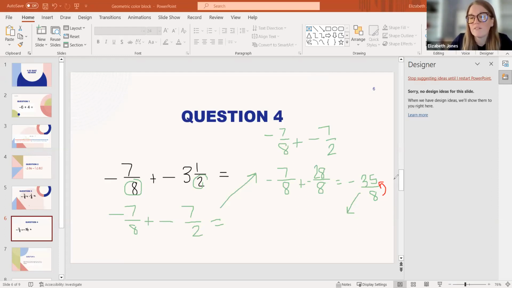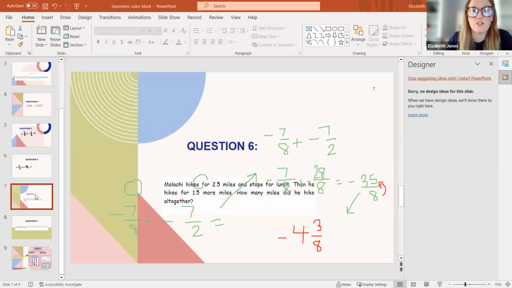So 8 times 5 is going to be too high, but 8 times 4 is 32, which is perfect. So 4 is going to be our whole number. And then we're going to do 35 minus 32, which is going to give us 3/8. So our answer would be negative 4 3/8. Or you could also say negative 35/8.